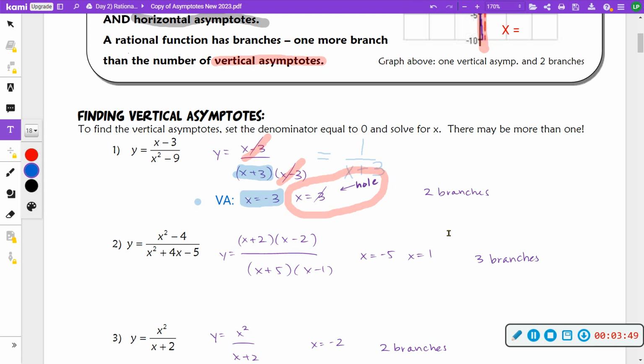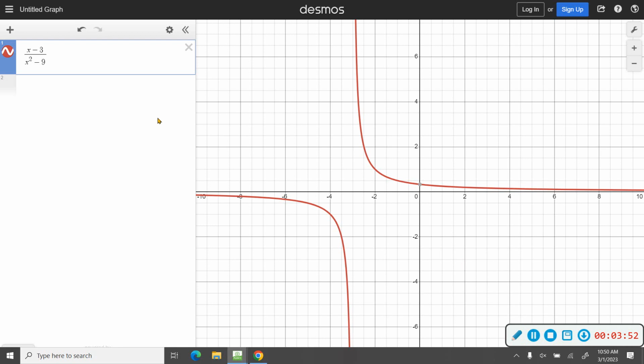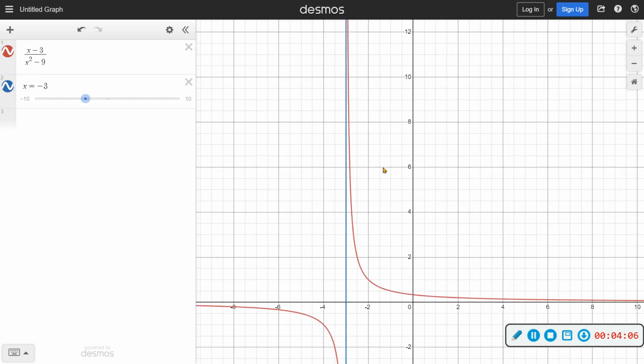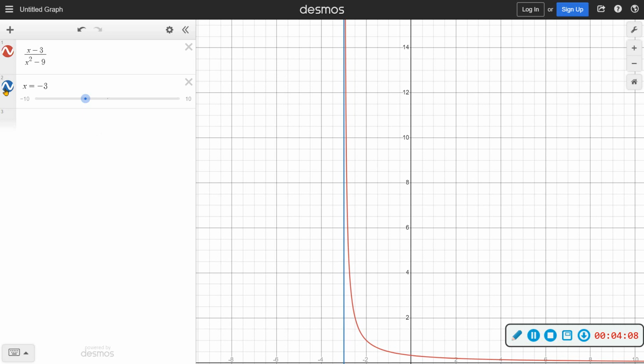And I think it would help to show you a picture. All I did so far is I plotted the function we were just talking about. I want you to notice here at negative 3, we have what's called a vertical asymptote. And I'll show that visually. That's at x equals negative 3. Let me make this dashed to show that it's an asymptote.